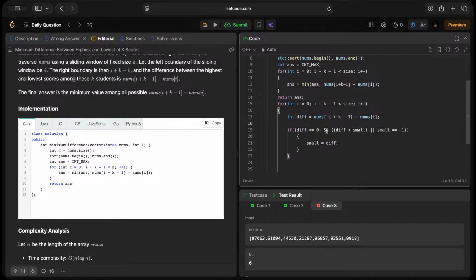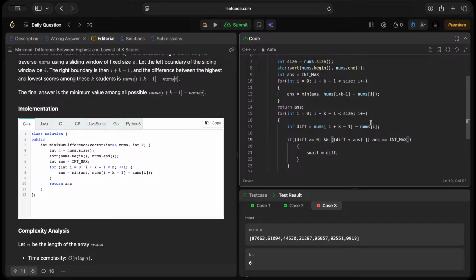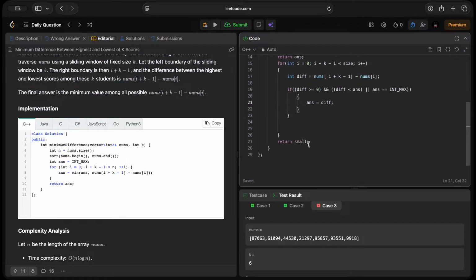Now if difference is greater or equal to 0, if our difference is less than answer, or if our answer equals int max, then our answer would be our difference. Then we would return our answer.